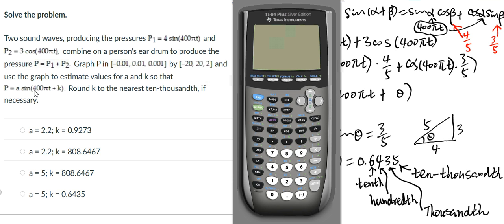We want to round K to the nearest 10,000th if necessary.